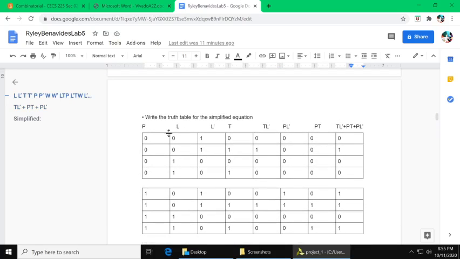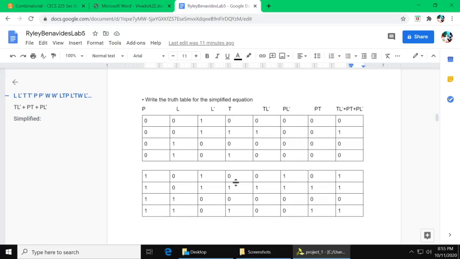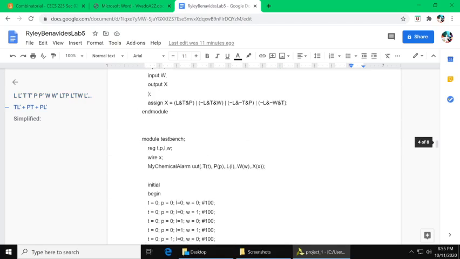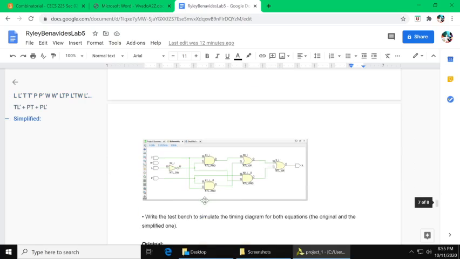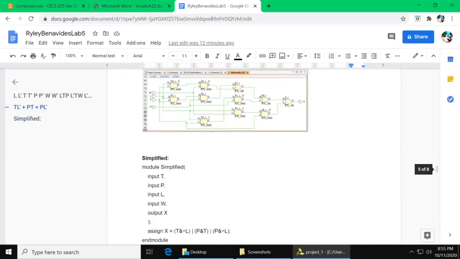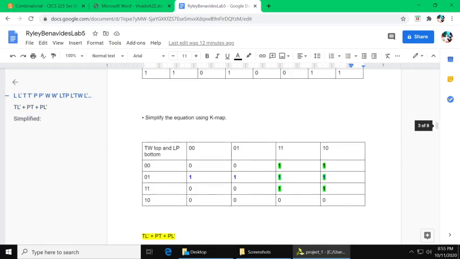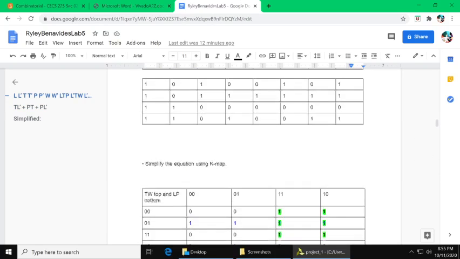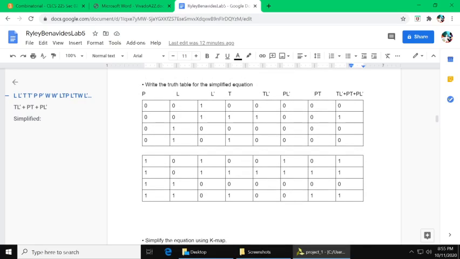What did we have? 1 for T, 0 for P, 1 for L, 0 for W. So if you look, you had 1 for T, 0 for P, 1 for L, and 0 for W, which makes it 0.